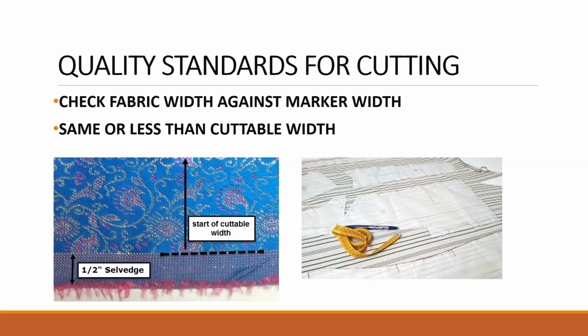It is between two selvages, and there is a tolerance of 1/2 inch in that. So that is the way the fabric width and the marker width are inspected, taking into account the cuttable width.